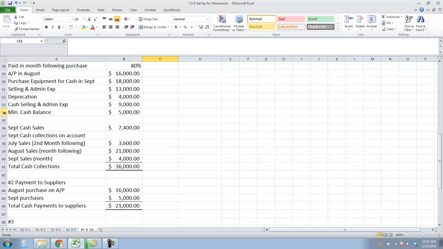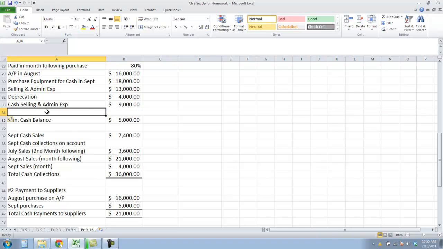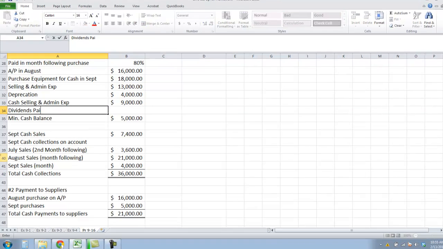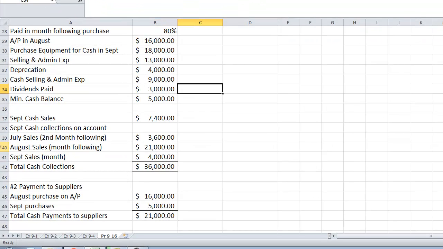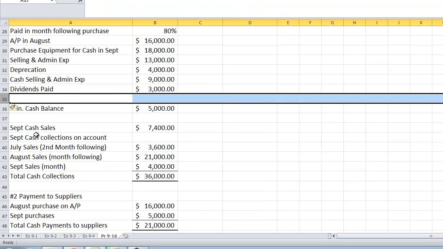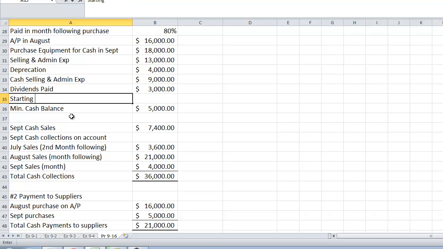We forgot to put this in the given information. And we also forgot to put starting cash balance. There's a lot of information in this one.